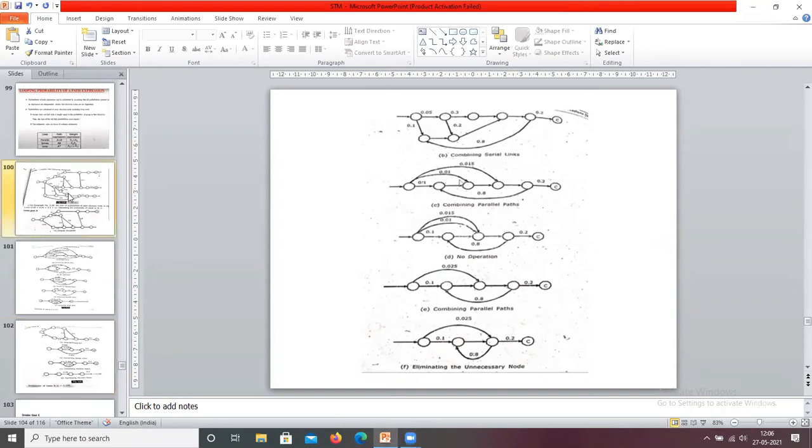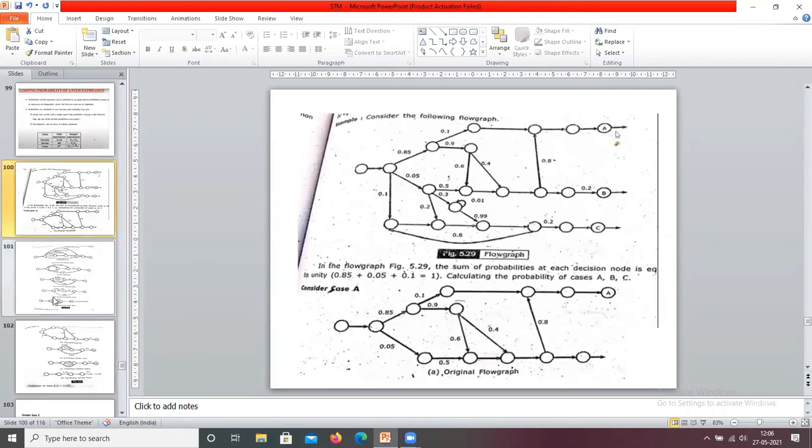So all these are the different cases, case A, case B, and case C.